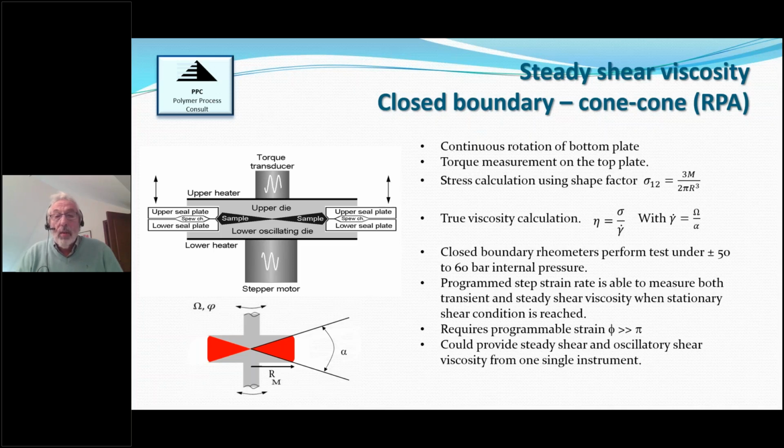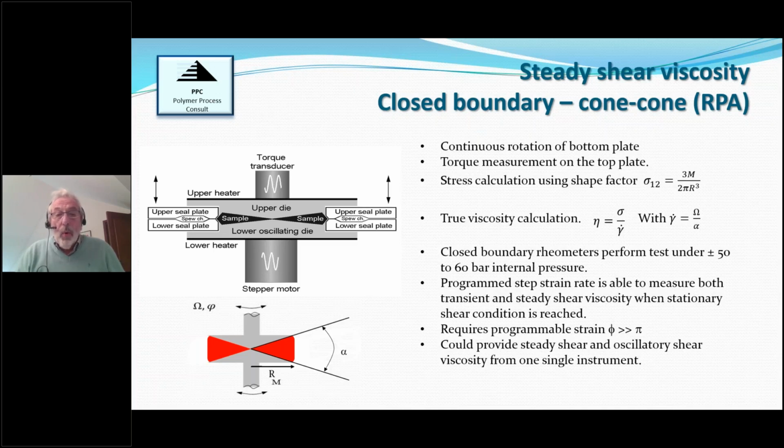The stress calculation in that case is simply 3 times the torque divided by 2 pi r cubed, r being the radius of the die. And the true viscosity is the ratio between the stress and the shear rate, where the shear rate equals the angular velocity divided by the cone angle, as we can see below on the left.